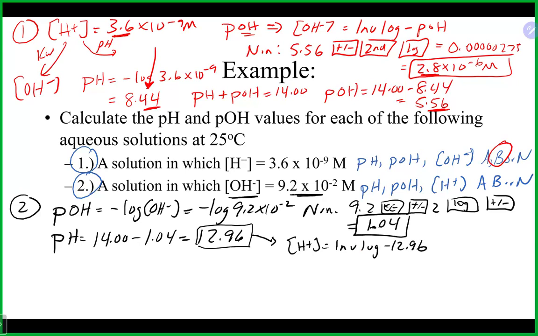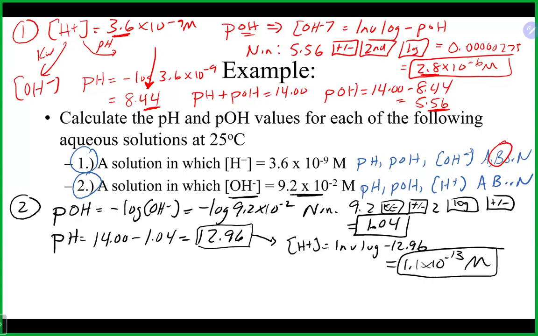Must be better to hit the actual right button. Try that one more time here. There we go. That's going to get us a 1.1, it looks like, times 10 to the minus 13 molar.